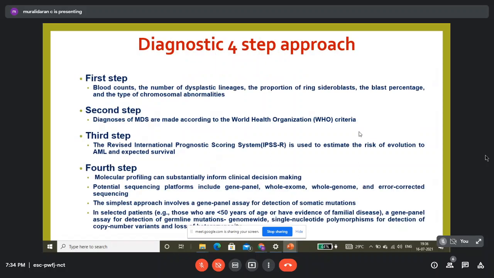In a case of MDS, when a patient presents with cytopenias or clinical features of MDS, first of all we should do blood counts, and afterwards a bone marrow to look for dysplastic changes, and do an iron stain to look for ring sideroblasts and the number of blasts, and also cytogenetics.